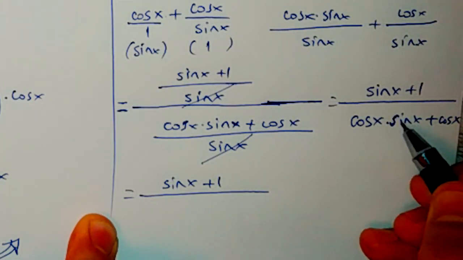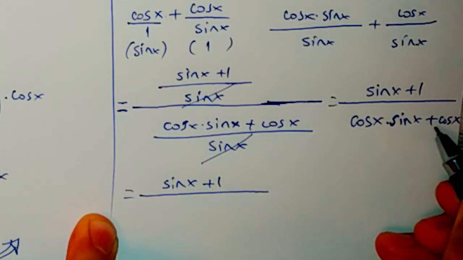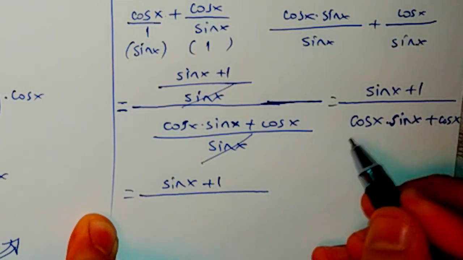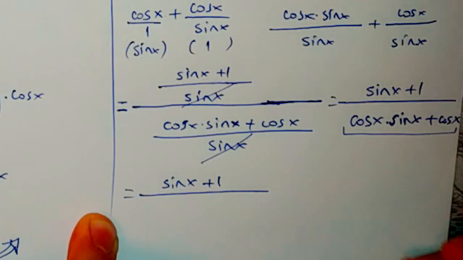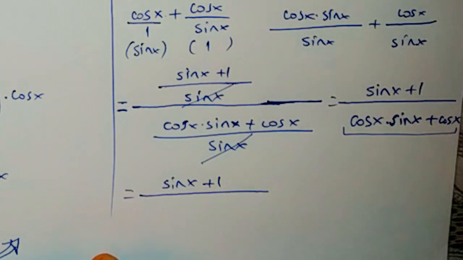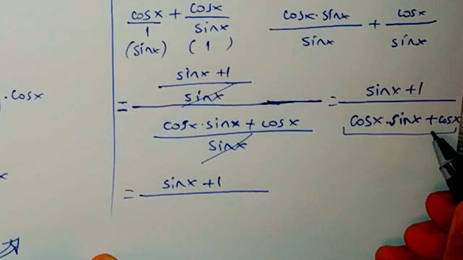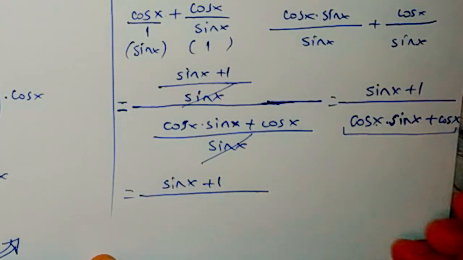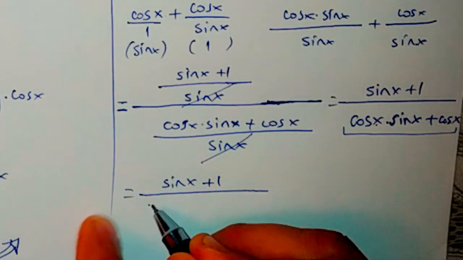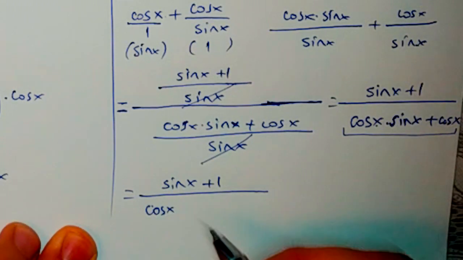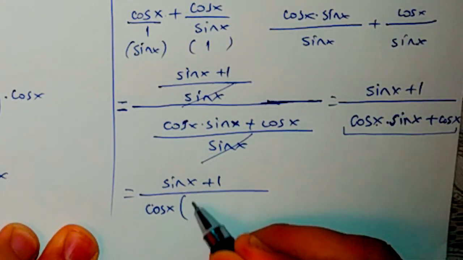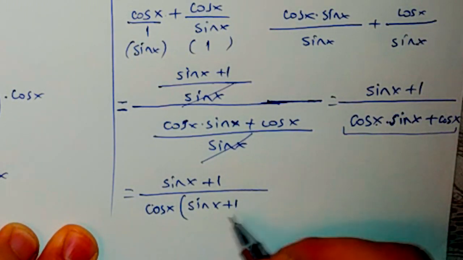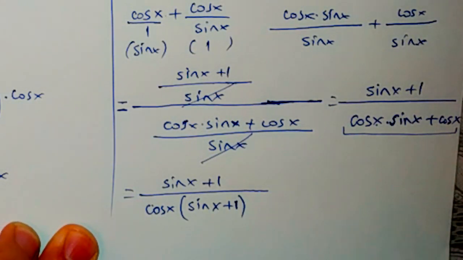Which expression can I take out of the bracket, or in this denominator, which expression is a common factor? The common factor is cosine x. So I can take cosine x out of the bracket. Inside the bracket we leave sine x plus 1, which can be cancelled with the numerator.